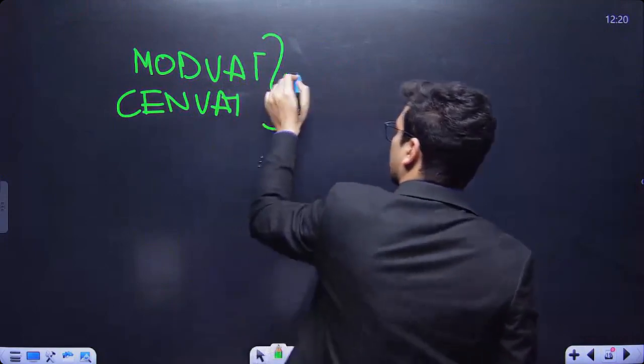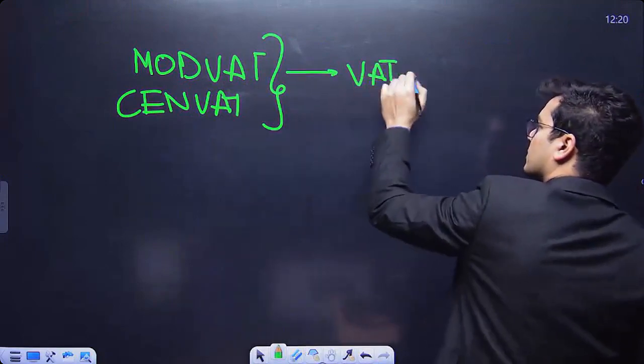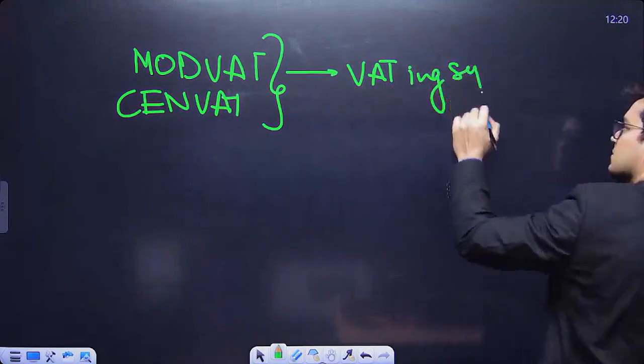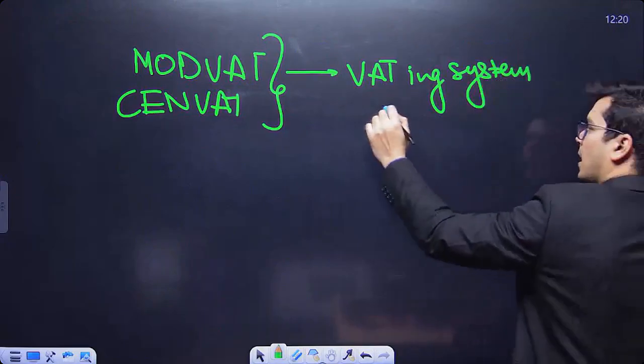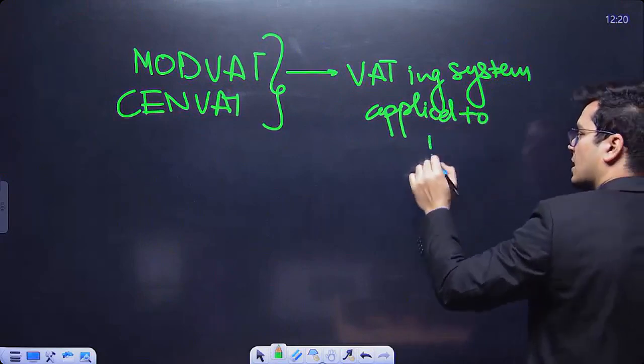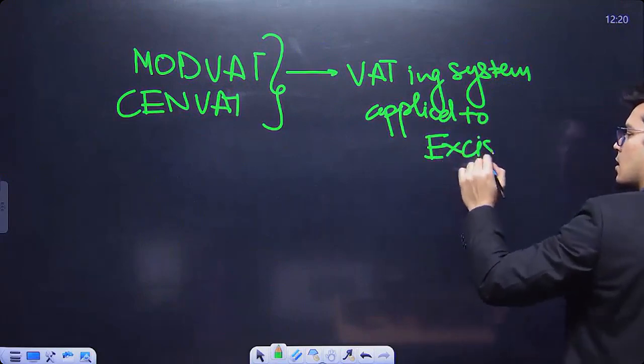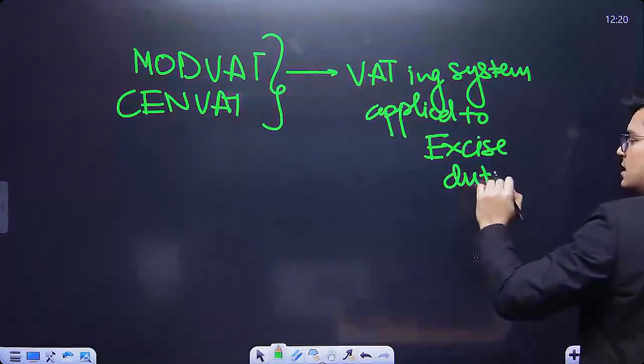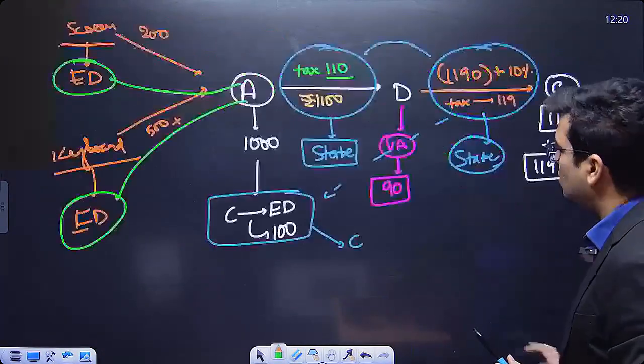This was simply the VATing system applied to excise duty. जैसे ये वैटिंग सिस्टम है, this is VATing system applied to sales tax.